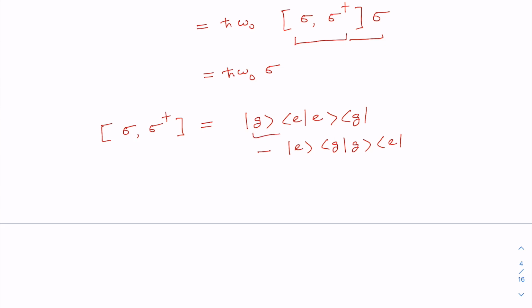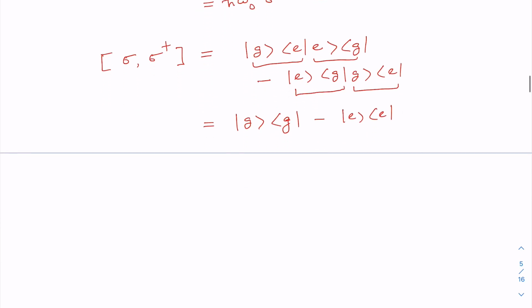This is your sigma, and this is your sigma dagger, and you can immediately see that this is going to give me this minus, and then if I multiply this by sigma, going from excited to lower, this is what you will have.